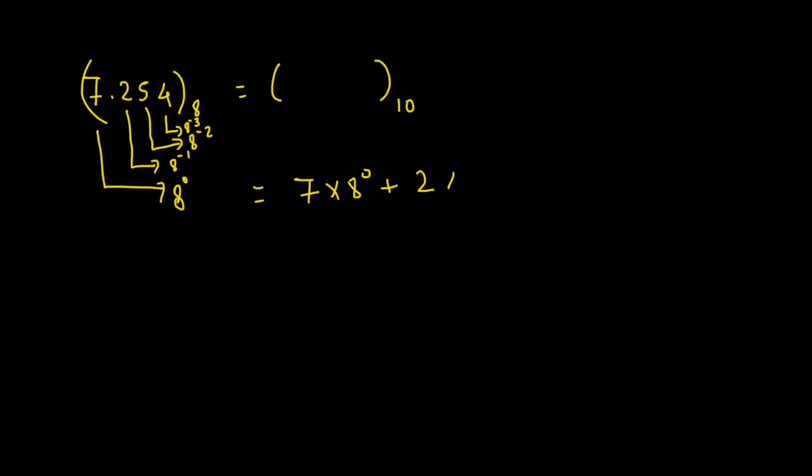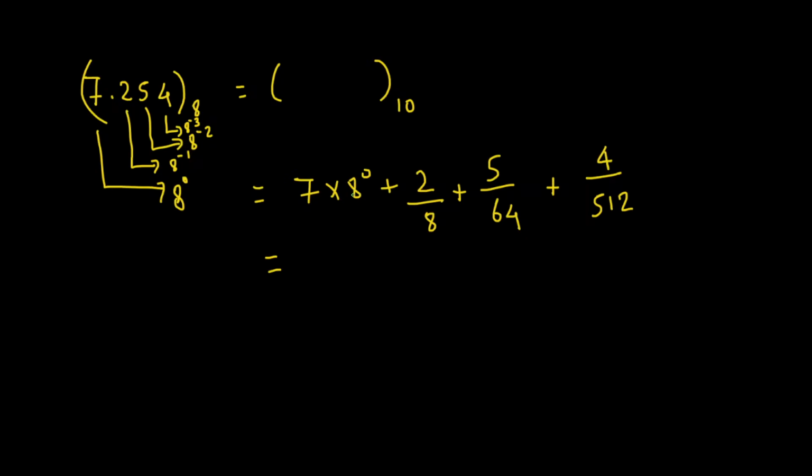Plus the next one is 5 over 8 power 2, which is 64. And then the third one is 4 times 8 power minus 3, which we can write as 4 over 512 as well.